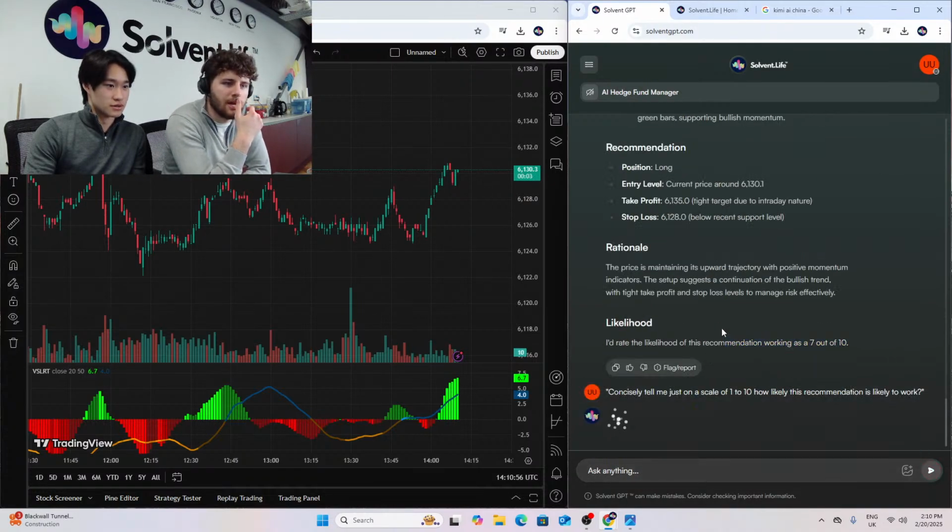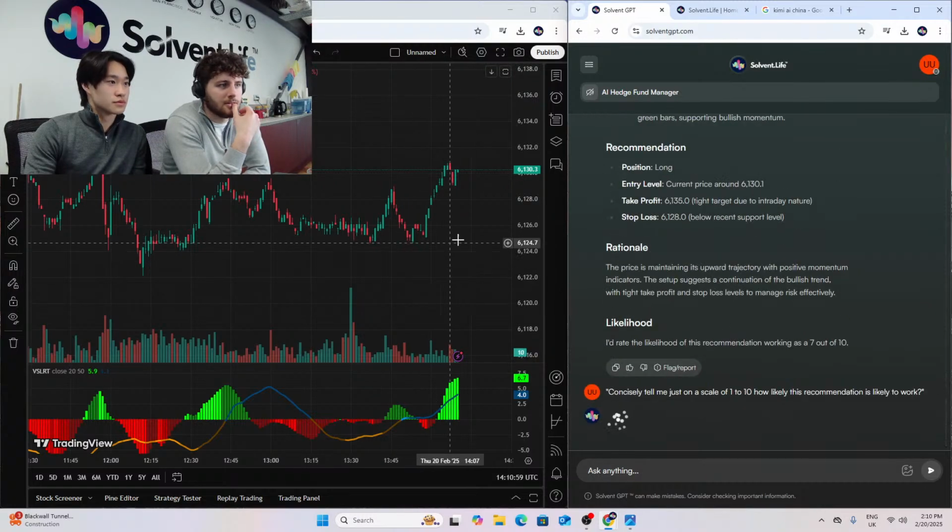Sporting bullish momentum, currently around a 7 out of 10. Let's go for it.